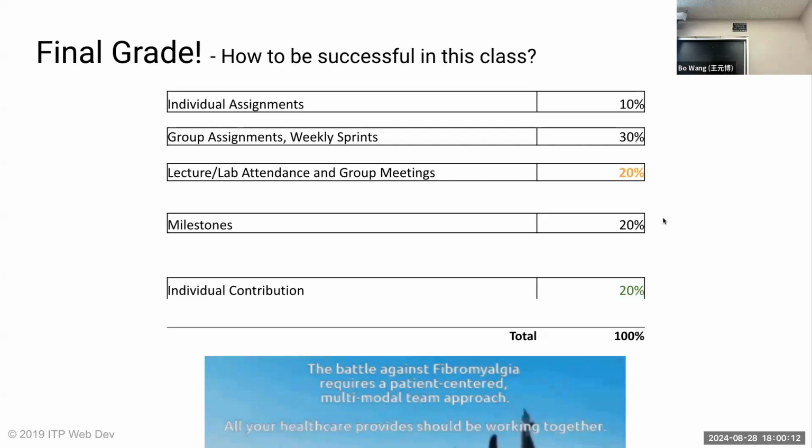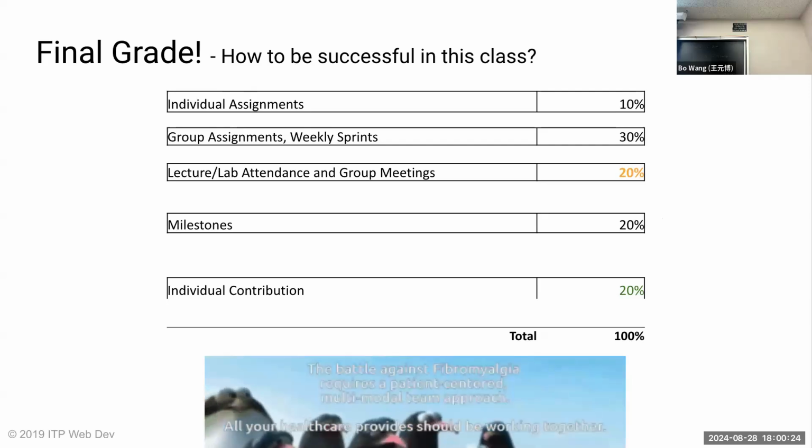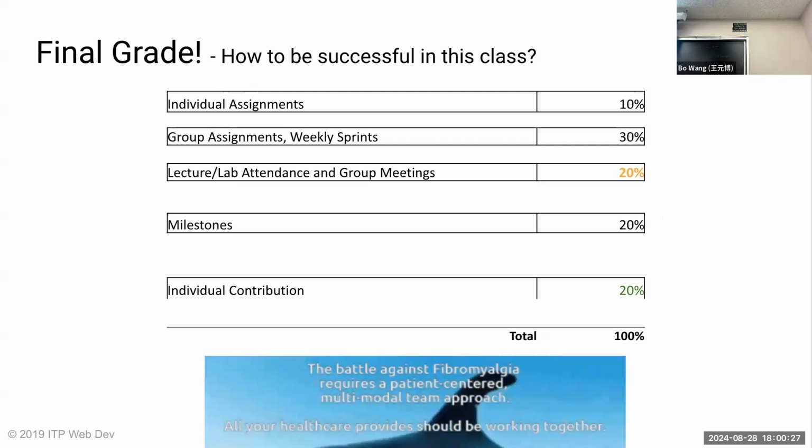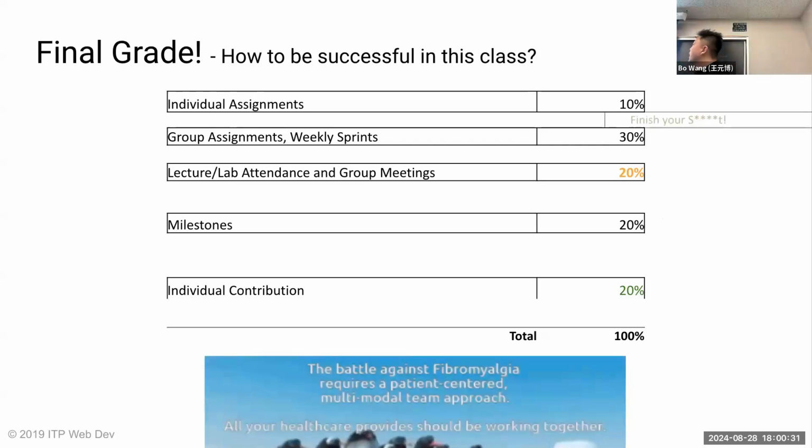To summarize, all the group-related things make up about 90% of your grade, right? So only 10% is individual. If you're not doing things by yourself, you can still get an A in this class. I'm just saying this is how important a group project is.